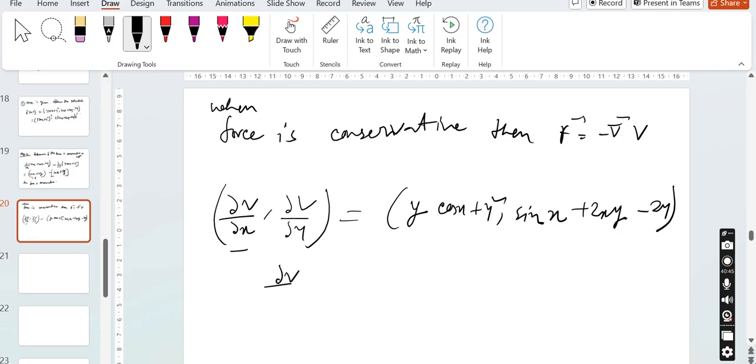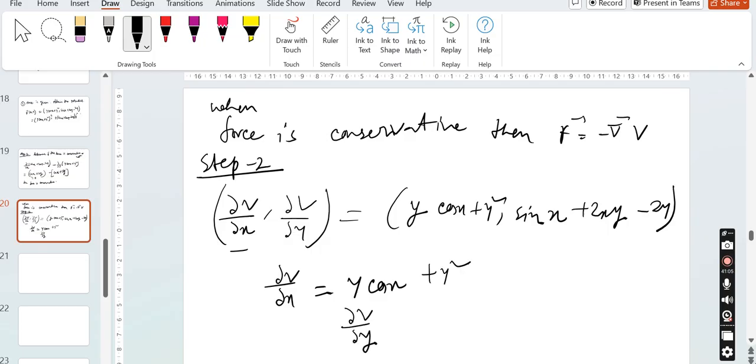So basically del v del x is y cos x plus y square. Del v del y is sin x plus 2xy minus 2y.